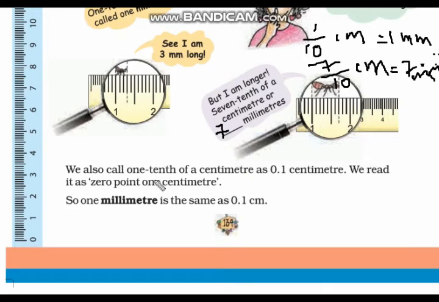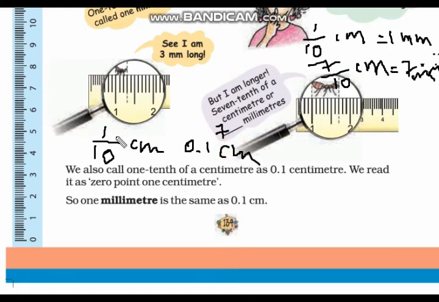Now we also call 1/10 of a centimeter as 0.1 centimeter. Children, I have taught you that we can write the number in fractional form and also in decimal form. So we can write that 1/10 centimeter as decimal form 0.1 centimeter.